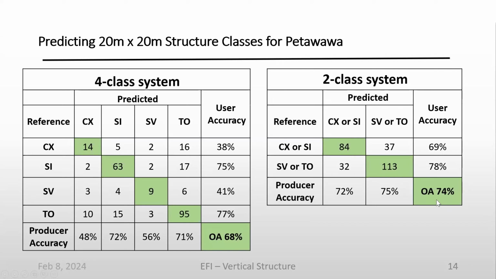So that's classifying them in the four classes and then collapsing them. If we predicted the two-class system directly, it only went up to 75% agreement. So we kept with the four-class system.